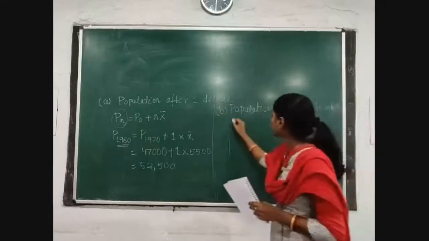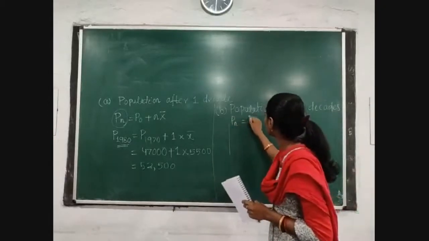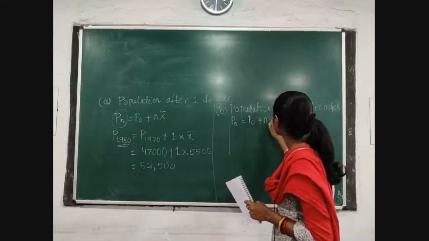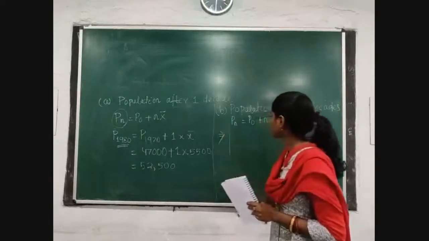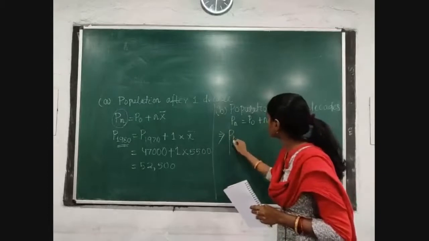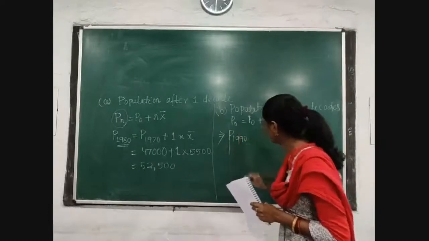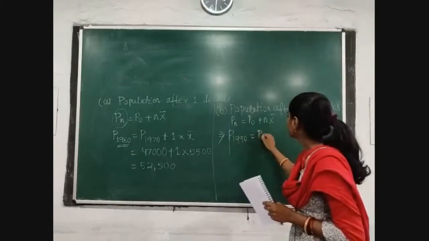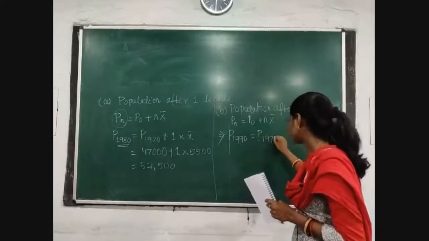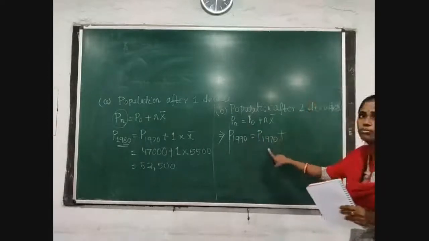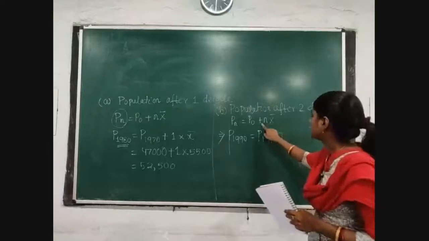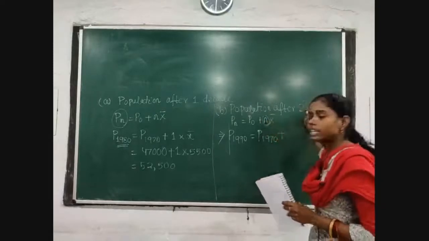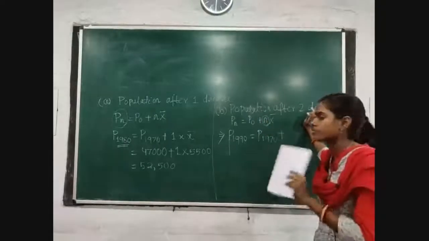Same formula. Pn will represent after 2 decades, which means 1990. P0 is 1970, the last known population. N is the difference in number of decades.